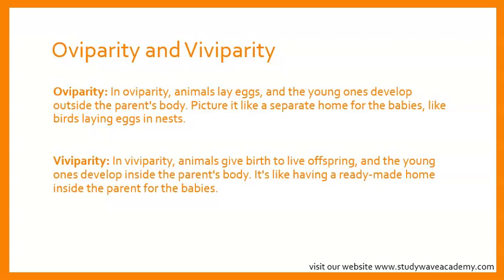So in today's lesson on the process of development of zygote in flowering plants, we understood everything. We looked at the structure of the pollen grain, structure of a matured ovule, fertilization in flowering plants, development of an embryo, structure of a seed, germination of seeds, types of seed, and lastly, oviparity and viviparity.